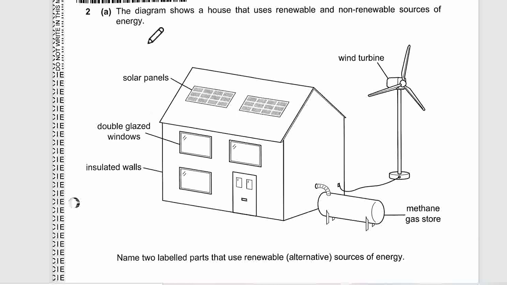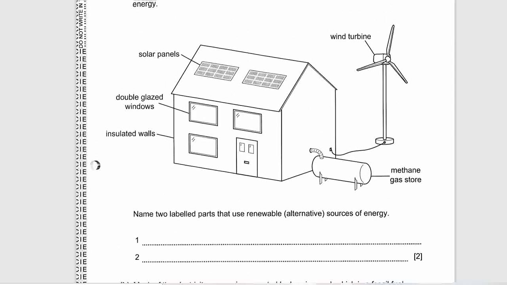Question 2. The diagram shows a house that uses renewable and non-renewable sources of energy: solar panels, double glazed windows, insulated walls, methane gas store, and wind turbine. Name two labelled parts that use renewable or alternative sources of energy.